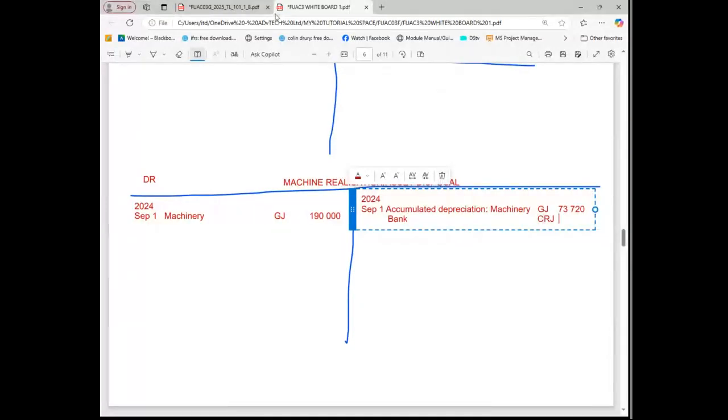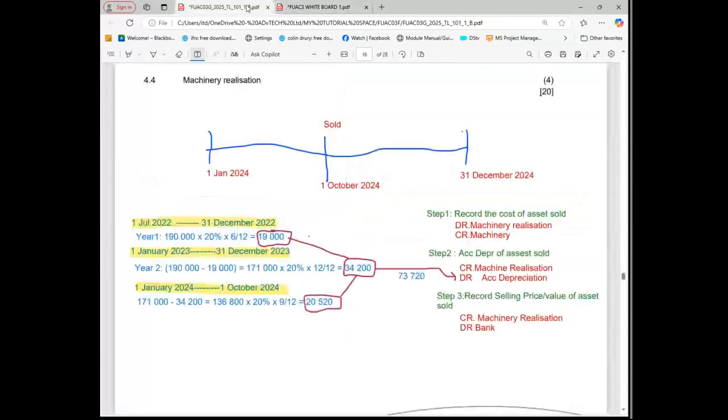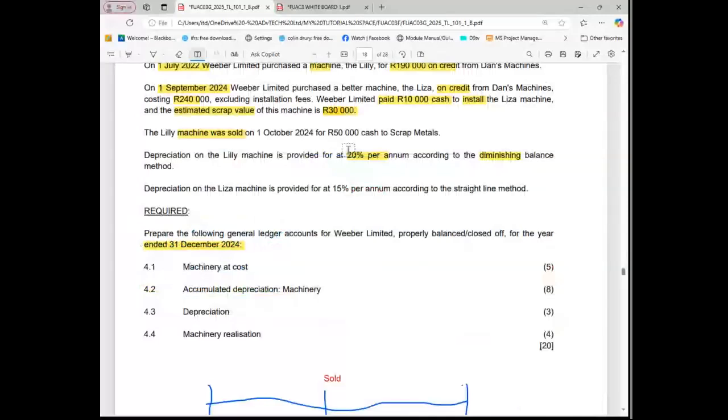And then how much was the selling price? Let's check. The amount was how much?